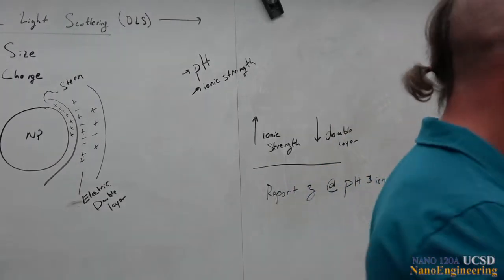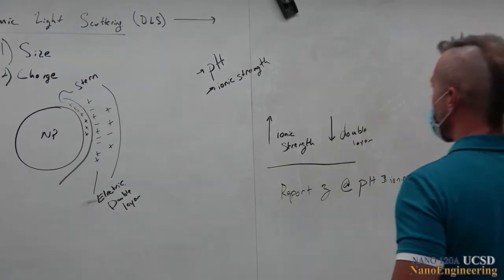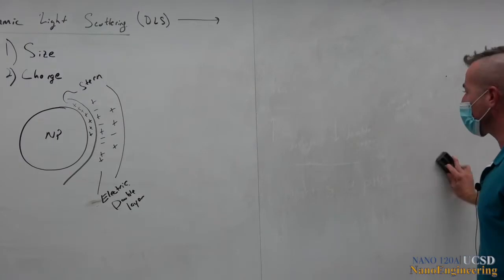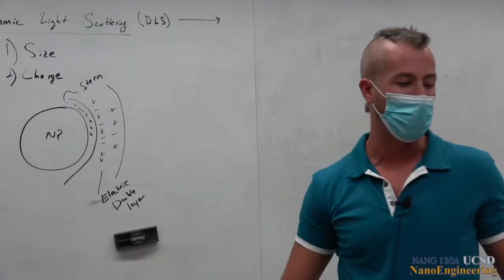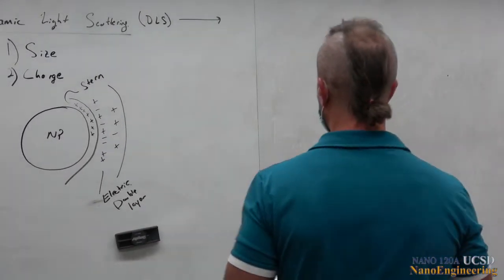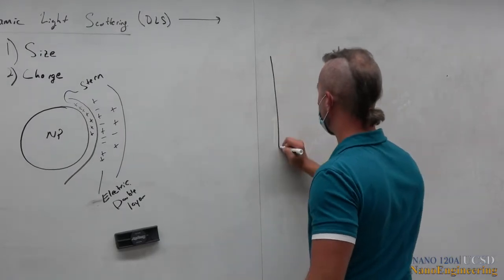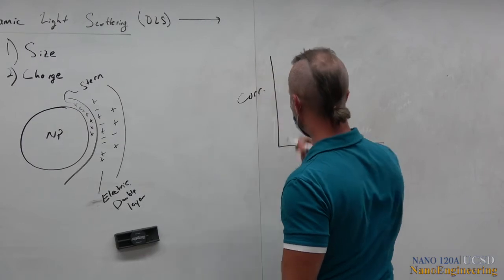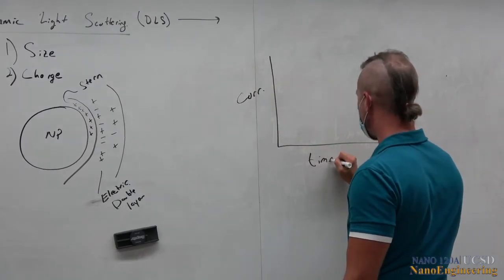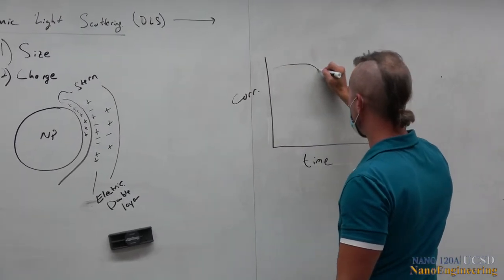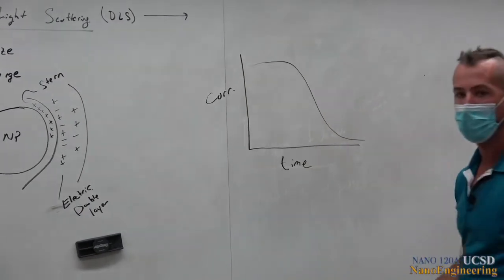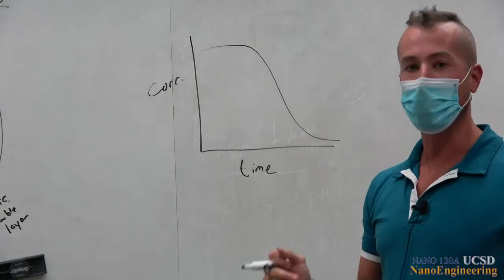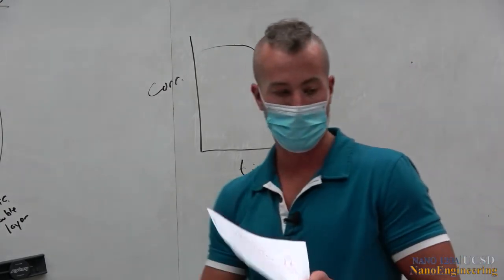So how do we make this measurement practically? Well, again, it's going to be very similar to what I showed you before, where we're going to look at the correlation, where this was the correlation, and this is time, and we're going to watch it decay. The main difference is we're going to perturb the system.